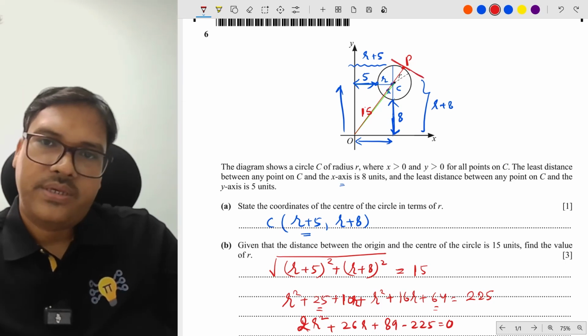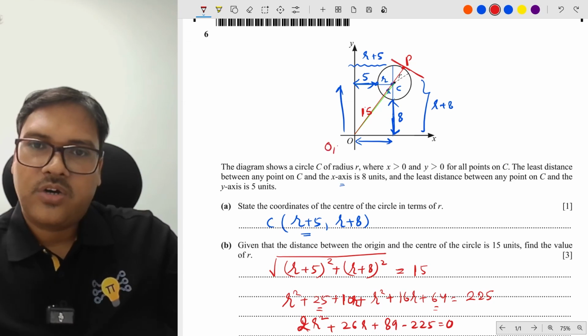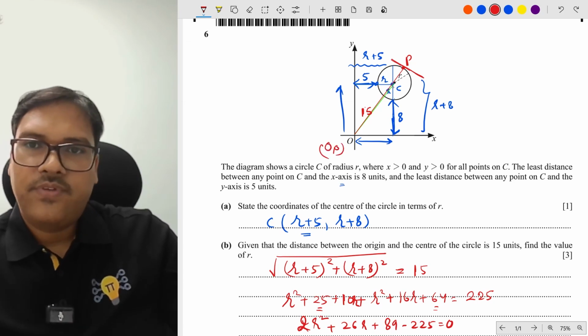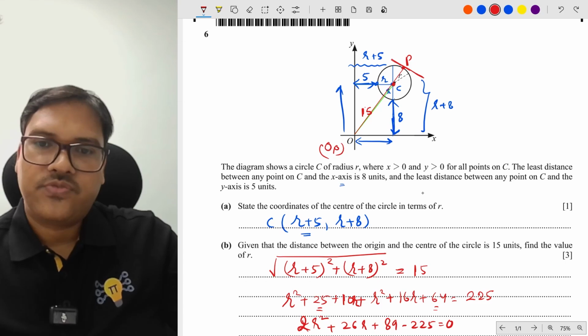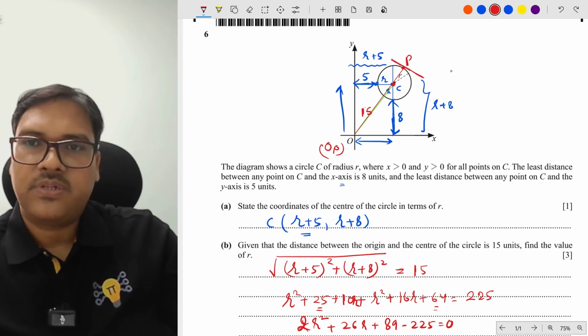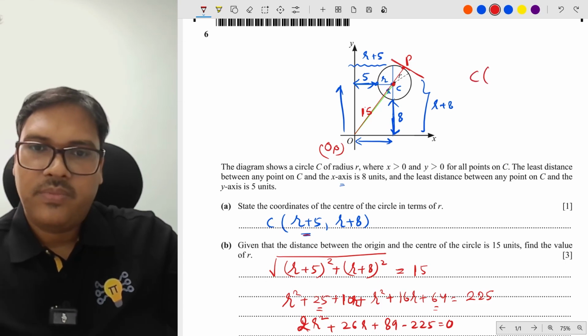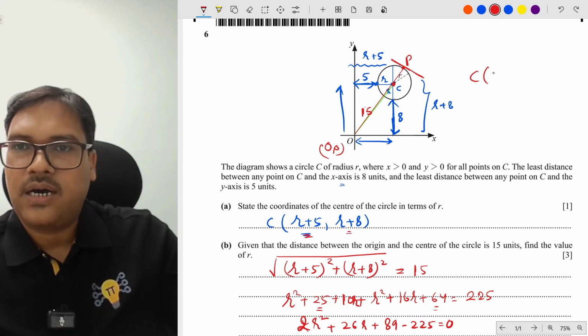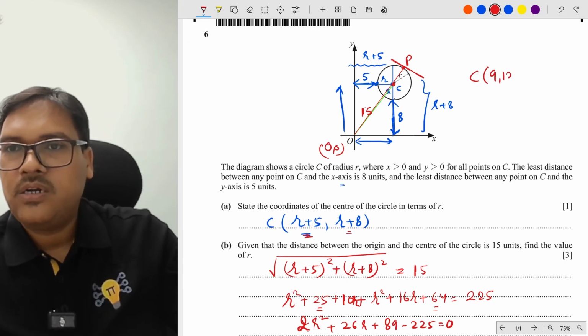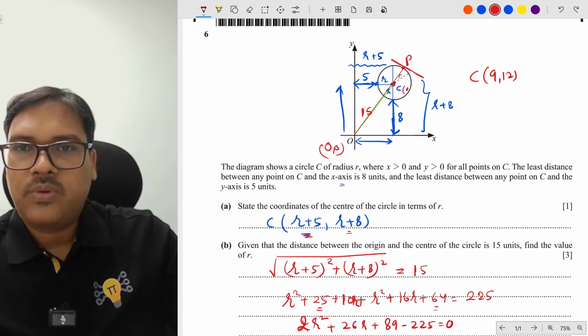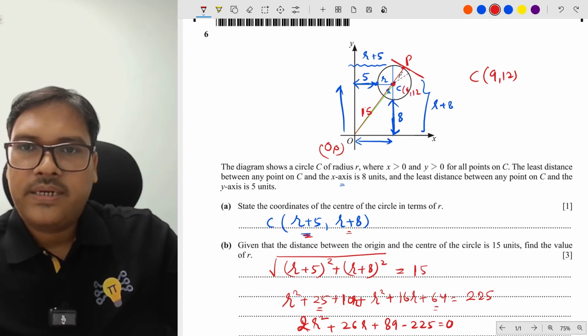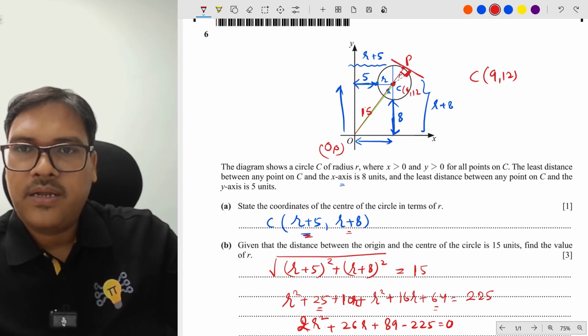We know this coordinate is (0, 0), and we have already got r. r is 4, correct? That means the coordinate of the center will become (9, 12). So this point is (9, 12). Now we know the property of a circle, that the tangent and radius are perpendicular to each other.